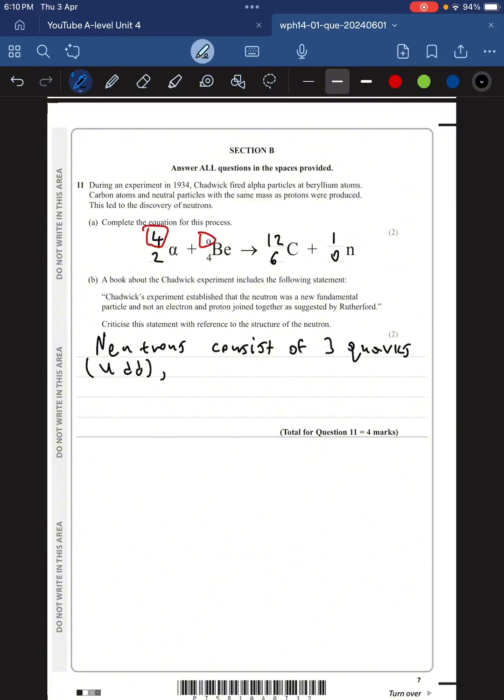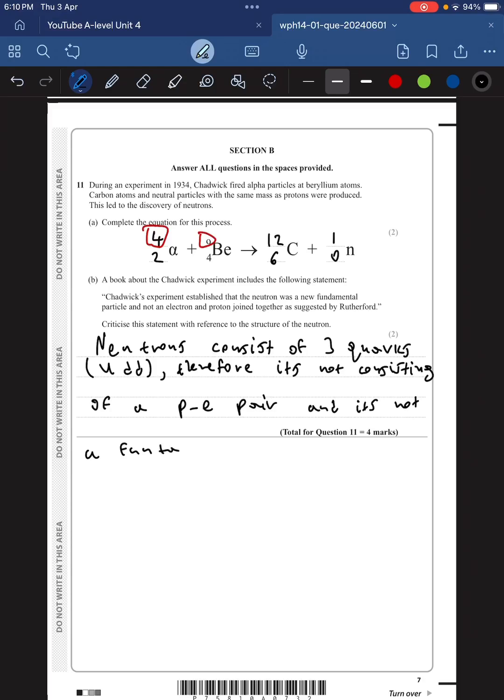So they consist of 3 quarks, therefore it's not consisting of a proton-electron pair, and it's not a fundamental particle. So pretty much you have to write everything you know about neutrons here, okay?